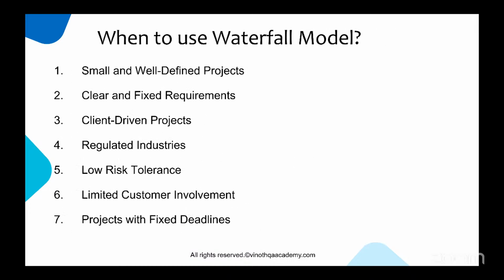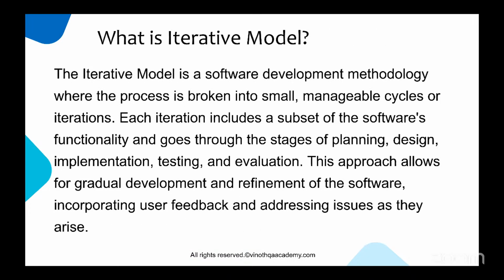And then comes the next one, the iterative model. Instead of working on all the requirements together, we split them into small manageable requirements, like three to four requirements, like an iteration.